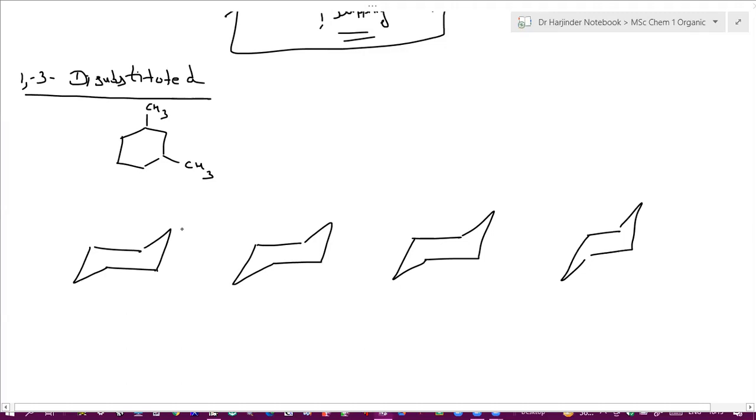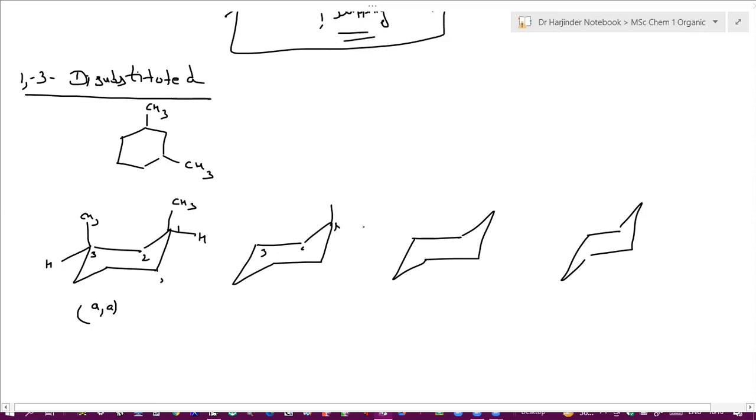So suppose you have 1, 2, 3. Let me put over here 1, 2, 3. So what will be the first one? Both are at axial position. So I will just write like that.